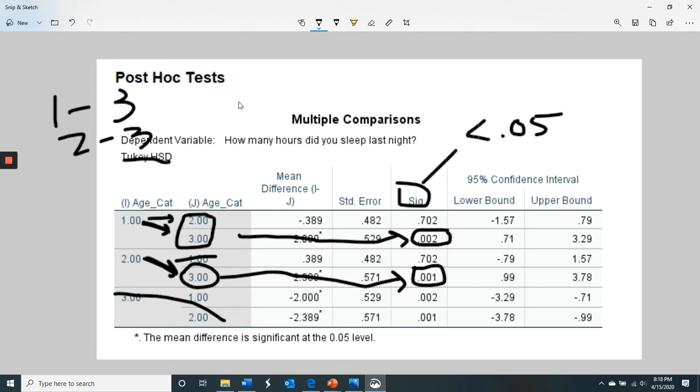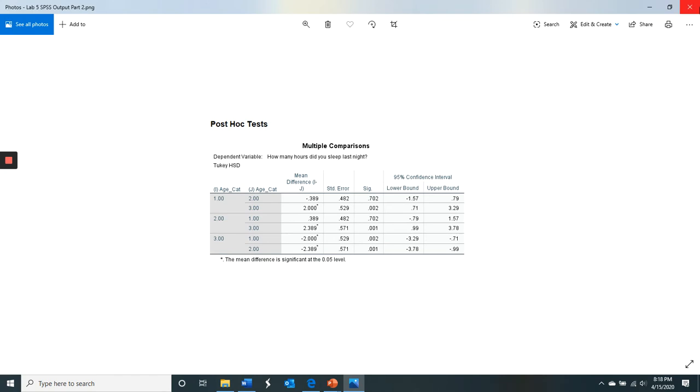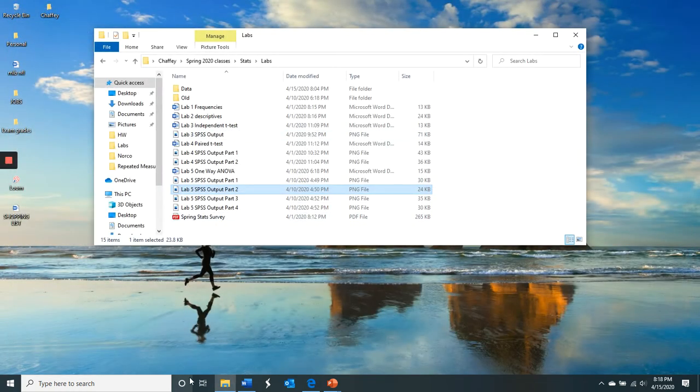So there's something about 3, it looks like, because 1 and 2 don't differ. So the older people, well, older, relatively speaking, 21 and older, are different. And so we actually have to go back to the descriptives. So we know that 3 is different from 1 and 2, and 1 and 2 don't differ.